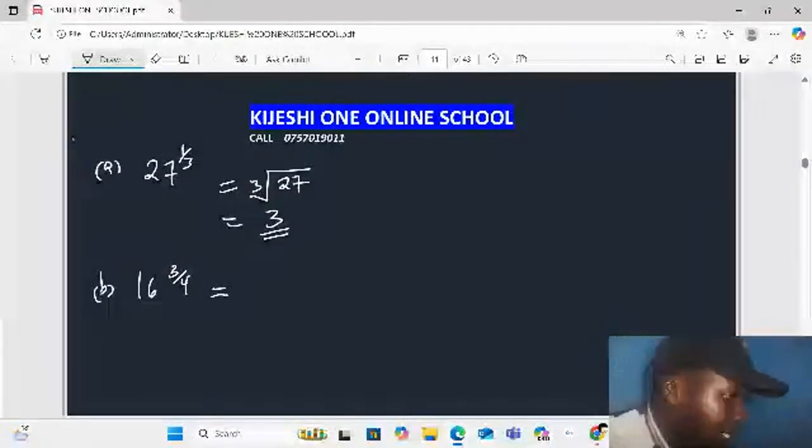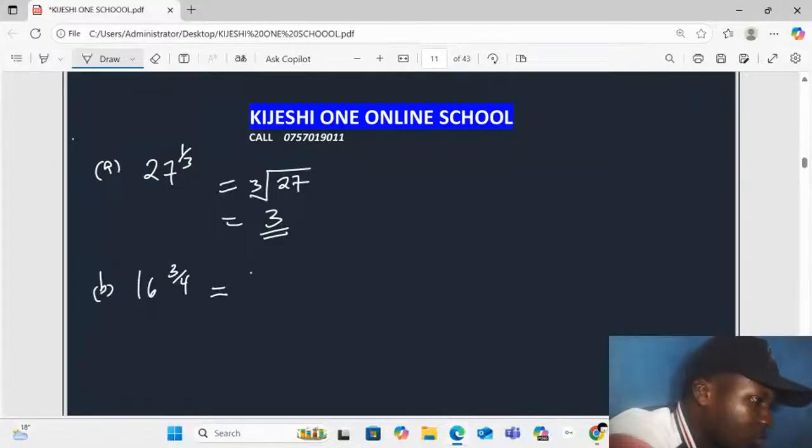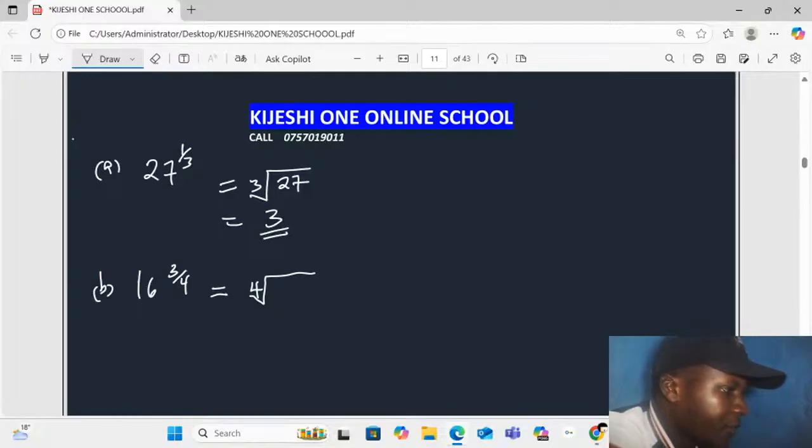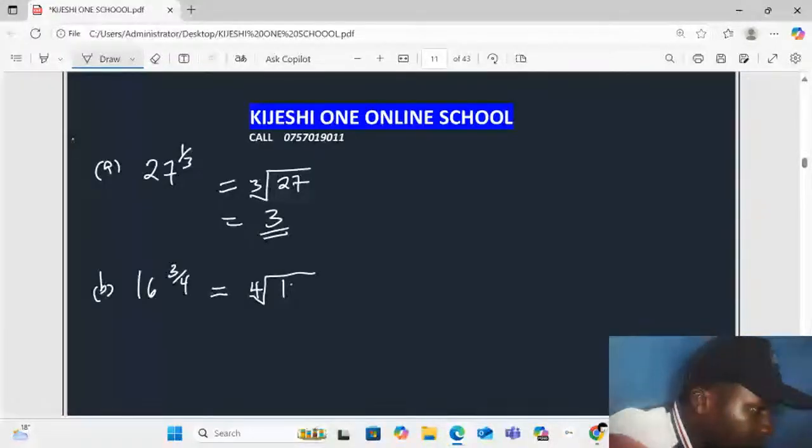You can see the denominator of that fractional index is 4. This is what you do. You find the fourth root of the base.